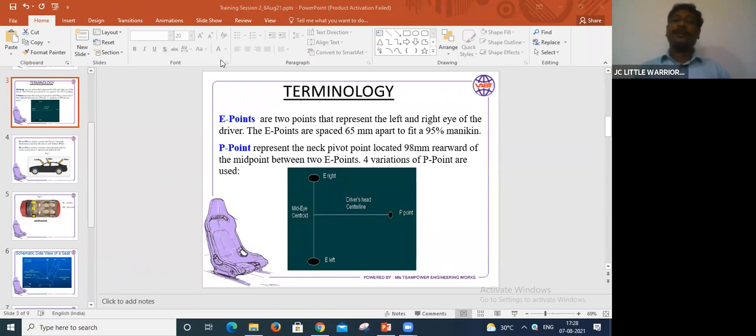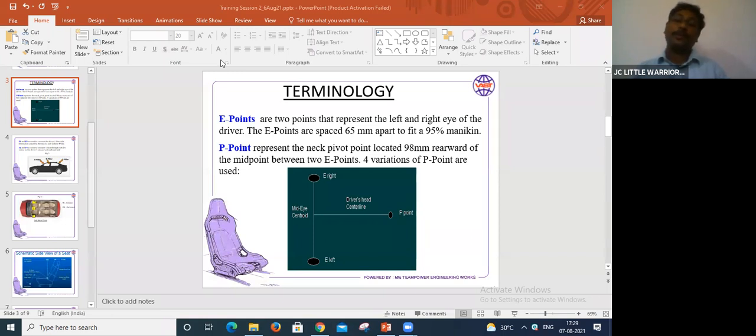So when you make 100 people stand in a line, from the smallest person to the tallest person, they selected the 95th person, and they designed their cars for that person, so that the design can accommodate the other people also.